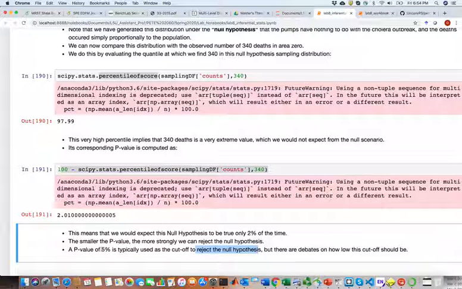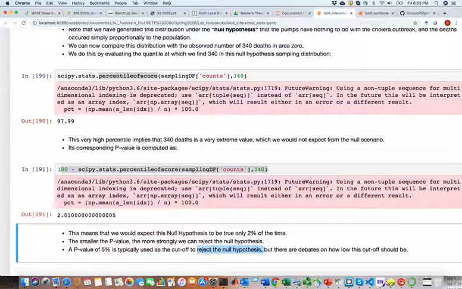If the p-value is greater than 5%, it means you don't have evidence to reject the null hypothesis. I repeat, if the p-value is greater than 5%, you don't have enough evidence to reject the null hypothesis. It doesn't mean you accept the hypothesis, the original hypothesis. It just means you can't reject the null hypothesis.